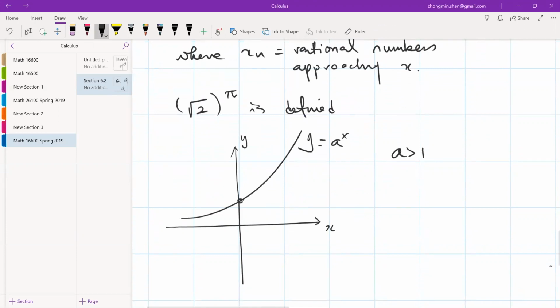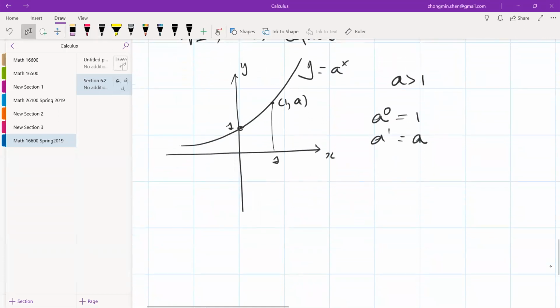It's interesting to see that a to the power 0 is always equal to 1, and a to the 1 is a. So the graph always passes through (0, 1) and (1, a). If a is greater than 1, it's an increasing function.